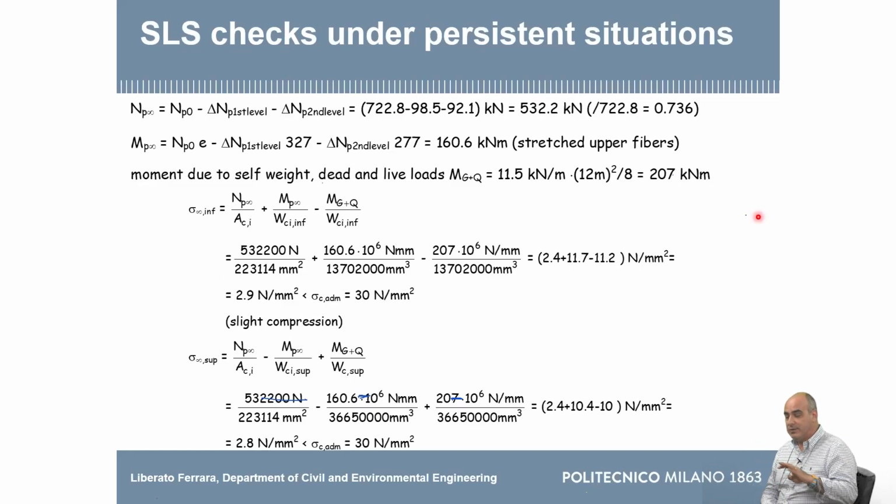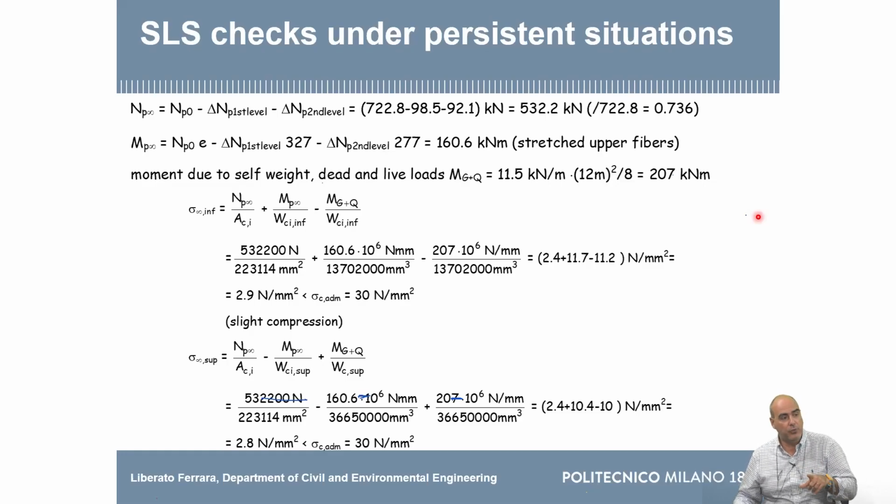Okay, so far, what we performed are checks. We used elastic stress equations, so these are serviceability limit state checks. We have ended up with the fact that concrete generally does not crack, so we can use these equations.